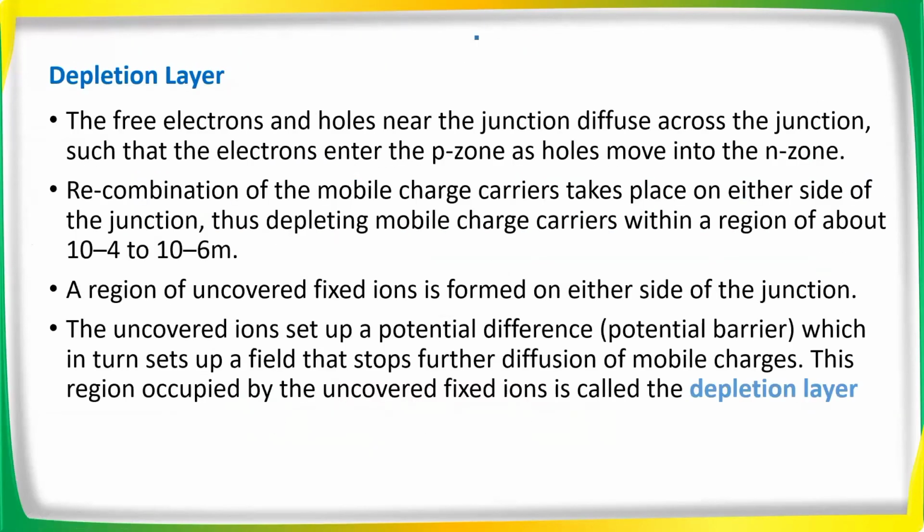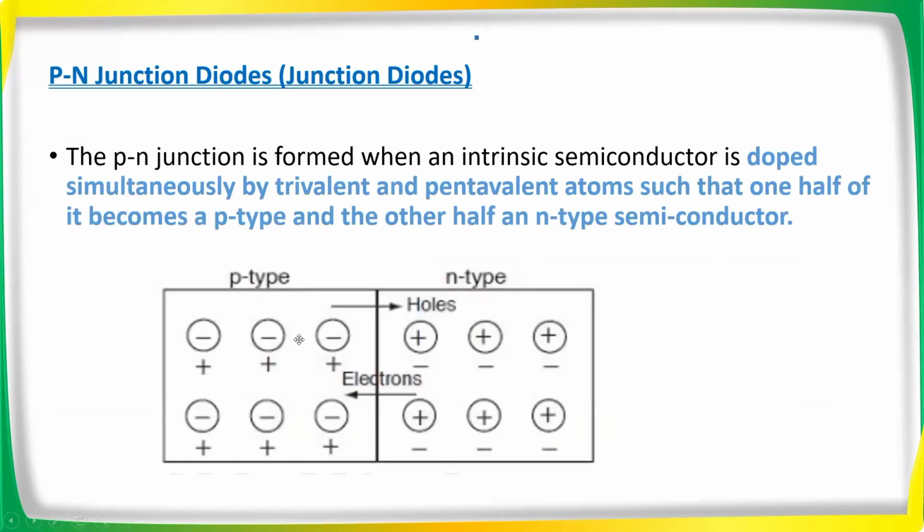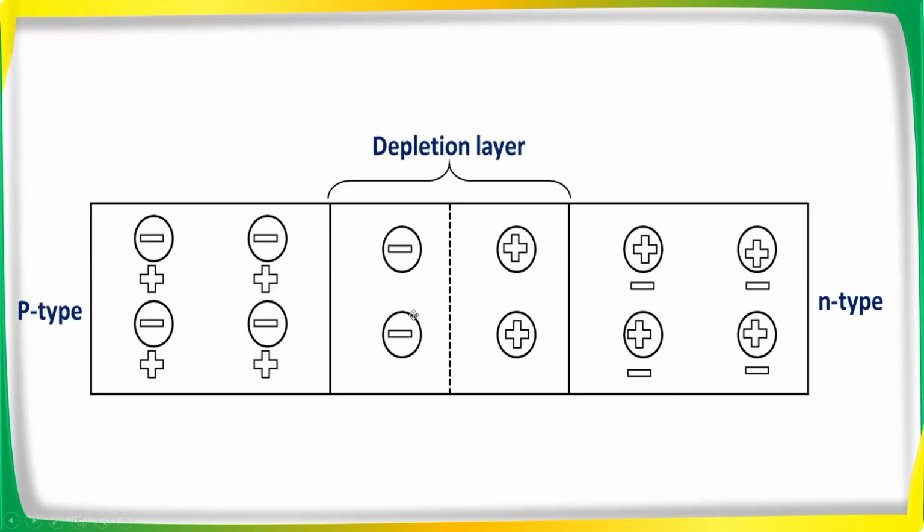When you bring an N-type and a P-type together, the holes will move from the P-type to the N-type, and the electrons will move from the N-type to the P-type, creating a point where we have no electrons and no holes. That is the potential barrier, the depletion layer, where we have uncovered fixed ions. You don't even have to say uncovered. They are fixed ions, but now without holes and electrons. That is why we call it uncovered.